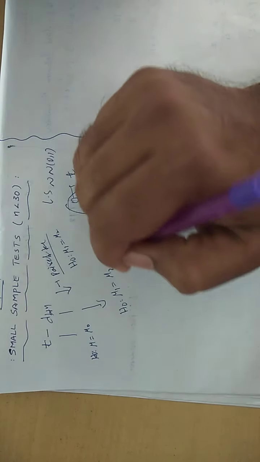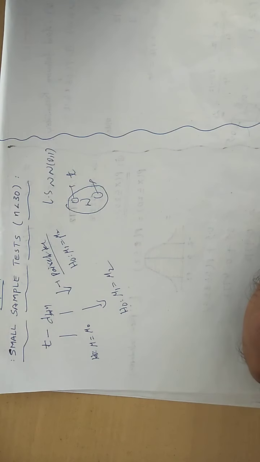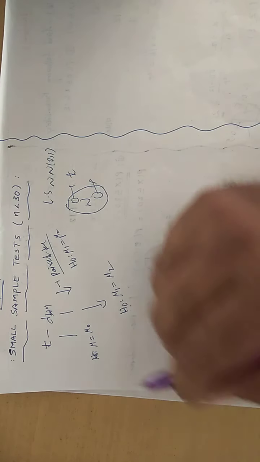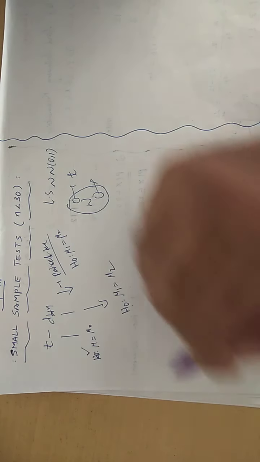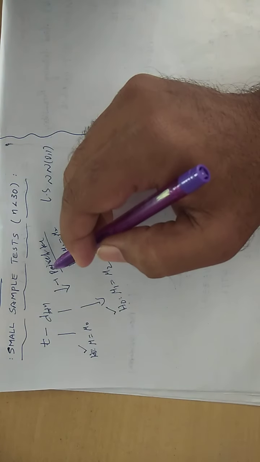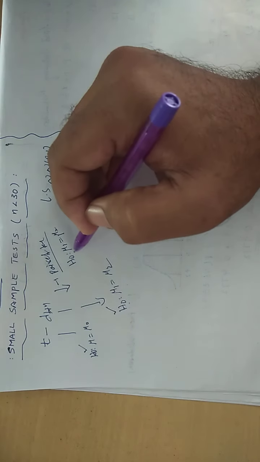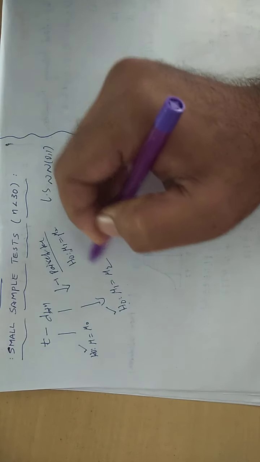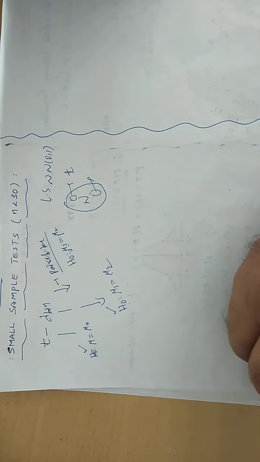Why? The reason I will explain while understanding this test. For the time being, assume that the first test is the test for single mean, the second test is the test for double mean, and the third one is the paired t-test. But remember that in these two tests the null hypothesis is the same.